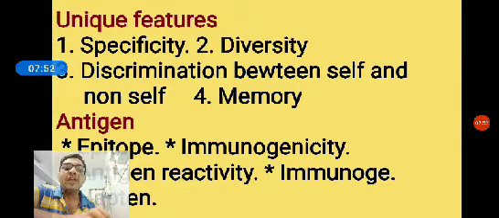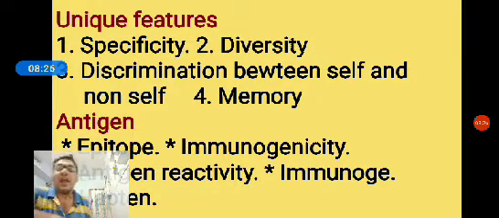It means there are some cells in the acquired immunity which are able to memorize the specific type of pathogen from the first encounter. When the same type of pathogen comes into the body, they are able to recall the same immune response. That is called memory. Then, coming to the next topic, antigen.